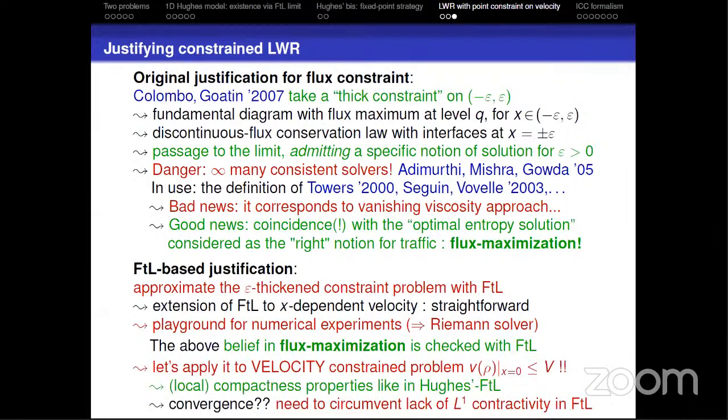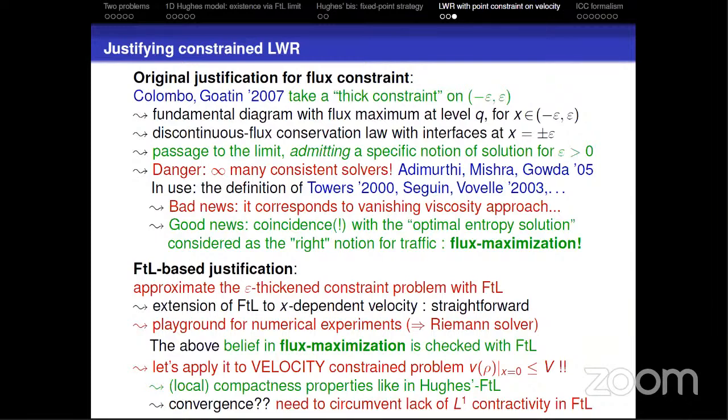And now my point is, let's apply the blocks we prepared to the velocity constraint problem, where we take this instead of the flux constraint. So what we have from the previous study is that we have the local compactness properties.